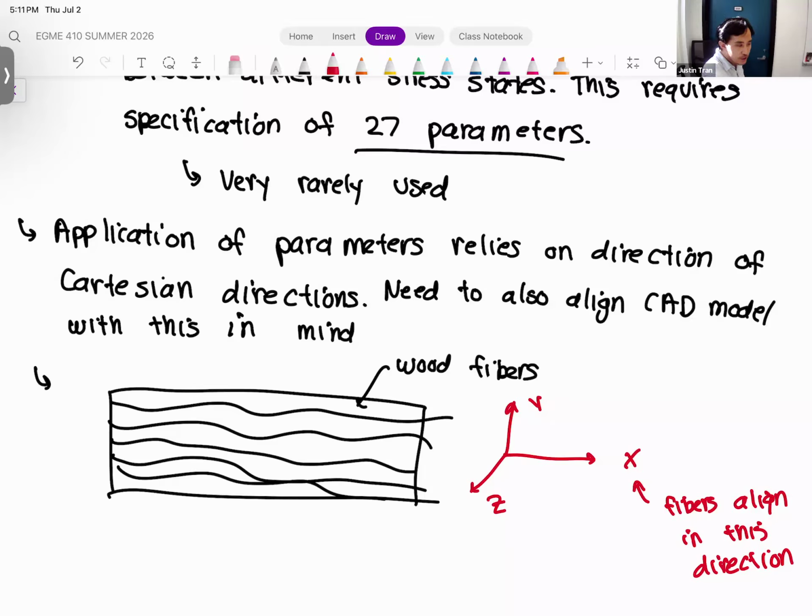But then, you may ask, what if you have a complicated structure where you have the fibers running in different directions for different components of your structure? Well, there are ways around that. You can assign your material properties according to the local coordinate system of a specific component.